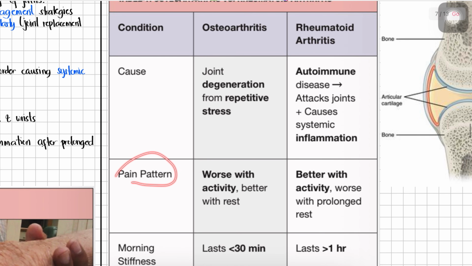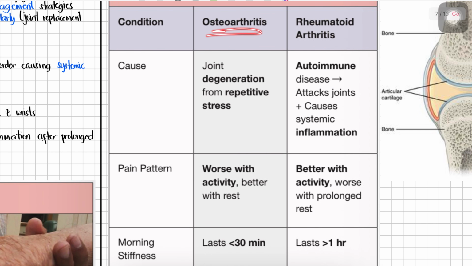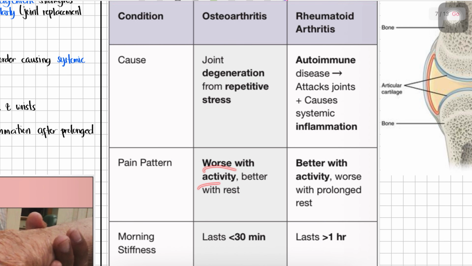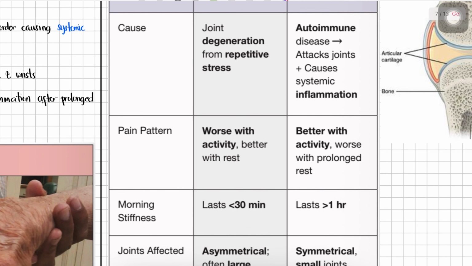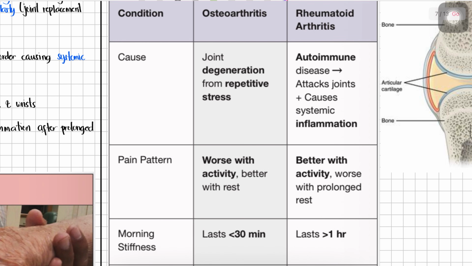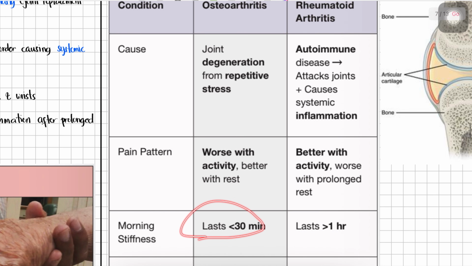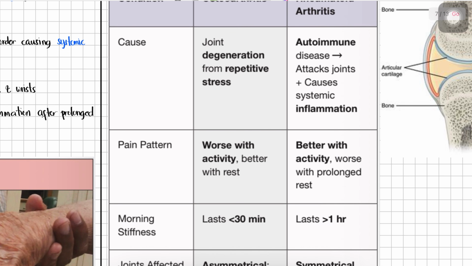Then in terms of pain pattern naman, for your osteoarthritis, nagwo-worsen siya with activity and it is better with rest, okay? However, guys, kay rheumatoid arthritis, better with activity naman siya, then worse with prolonged rest, okay? Then in terms of morning stiffness, kay osteoarthritis, naglalas lang siya less than 30 minutes. Then kay rheumatoid arthritis naman, naglalas siya greater than 1 hour.